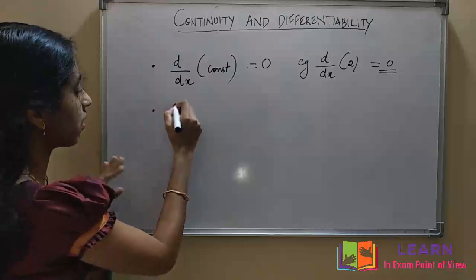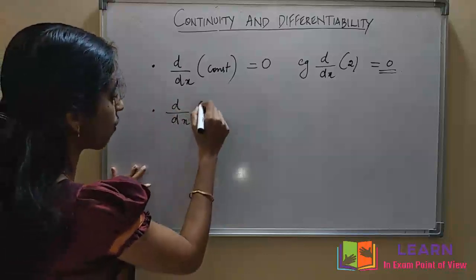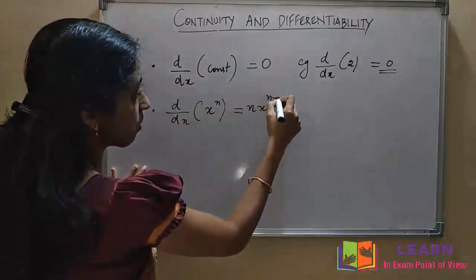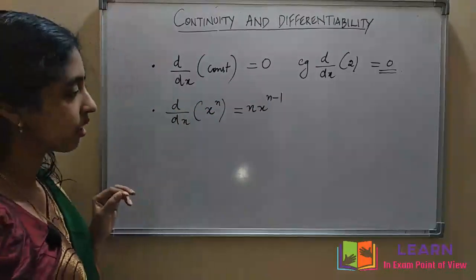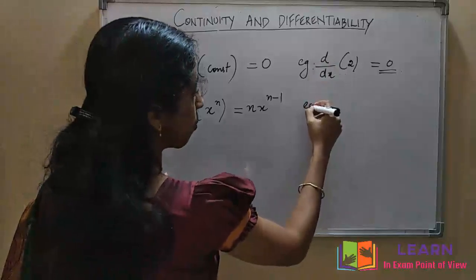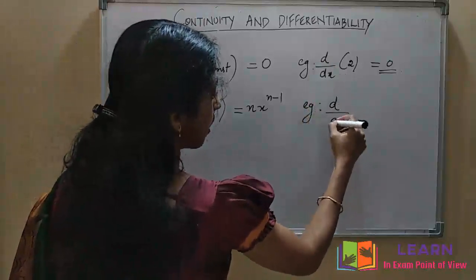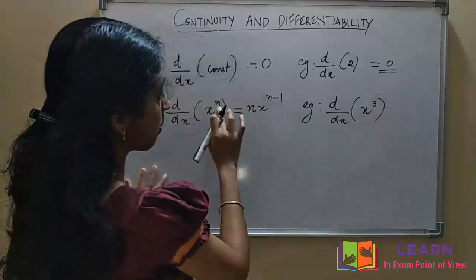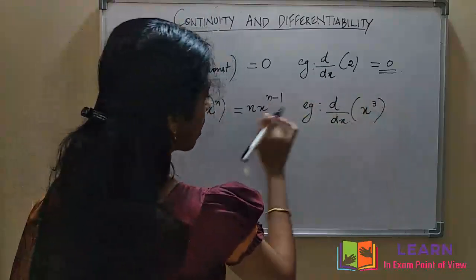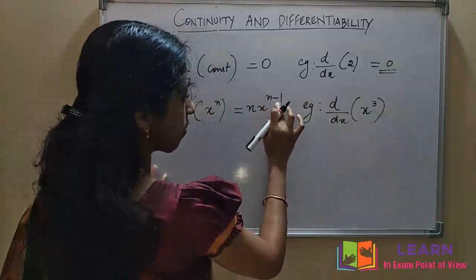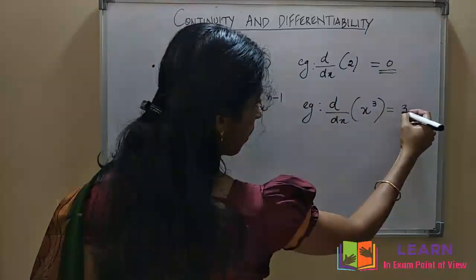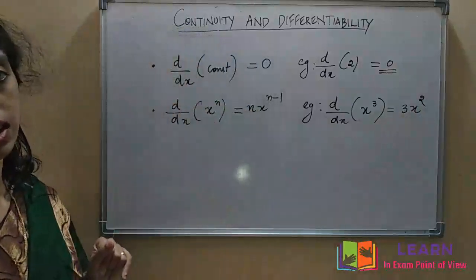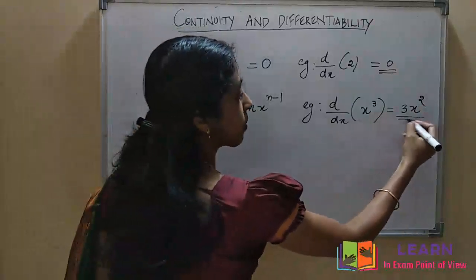Next, d by dx of x raised to n is n x raised to n minus 1. For example, d by dx of x cube: in the place of n we have 3, so just substitute. 3x raised to 3 minus 1, which is 2. That is 3x square. It is the derivative of x cube.